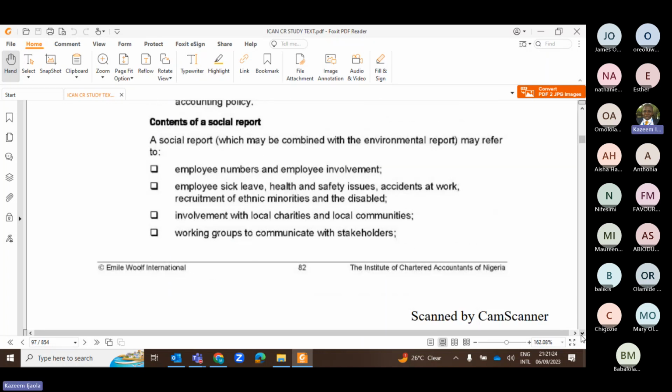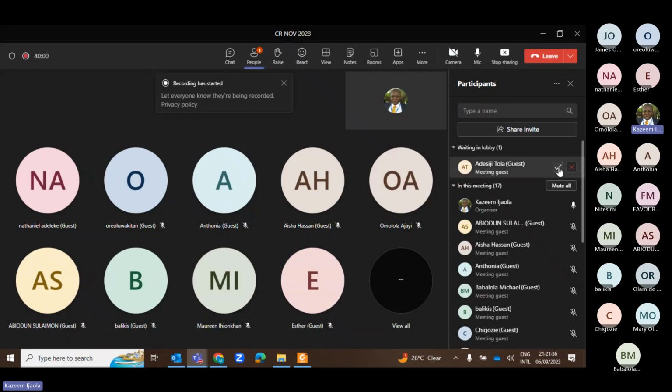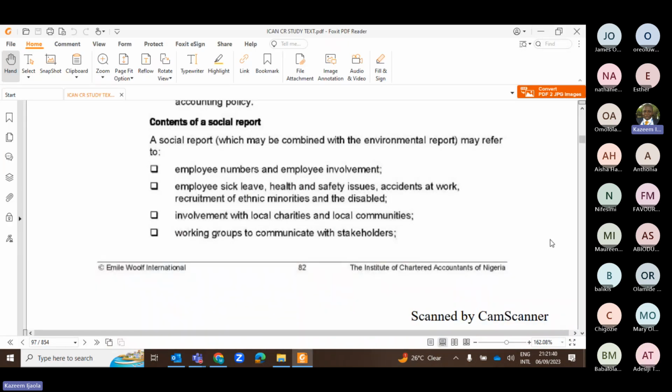The next one is the social report. This social report basically talks about how you treat your employees. Are you the type that just uses your staff and doesn't allow them to go on leave? All those are required in your social reports.